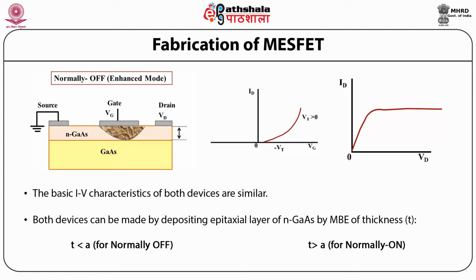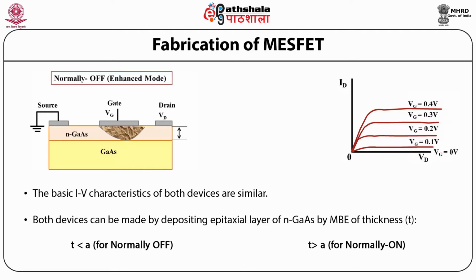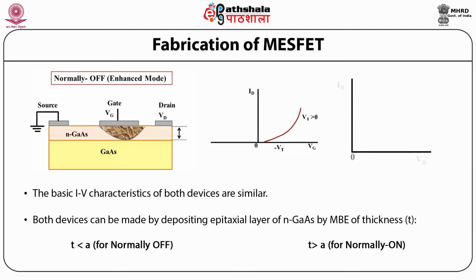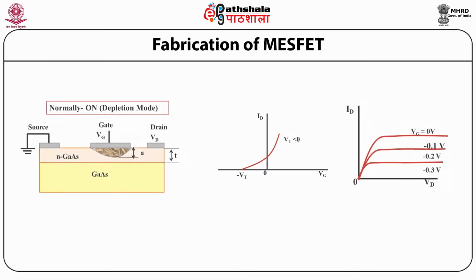The last figure shows the IV characteristics, that is the variation between ID and VD for a fixed value of VG. Depletion mode, normally on.